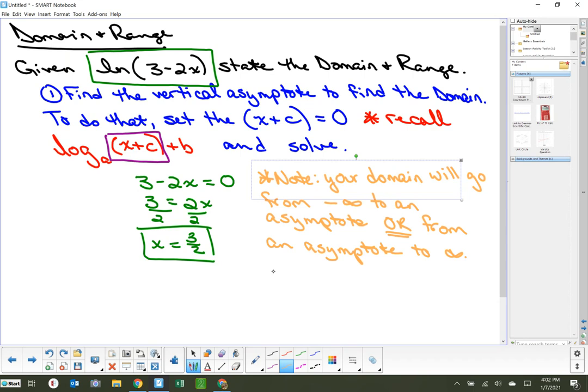Okay, so your domain will either look like, in our case, we know the graph looked like this. So we're going to go from negative infinity to the value of the asymptote at 3 halves. So this is our domain. Okay. Your other option is the graph went the other way. So it would go from 3/2 to infinity. All right. So it's going to be one or the other of these.